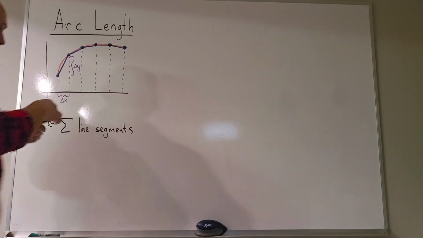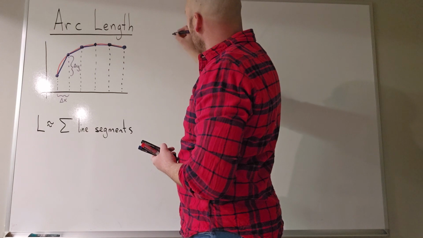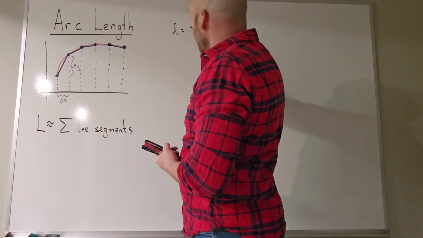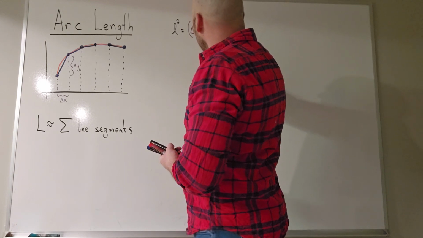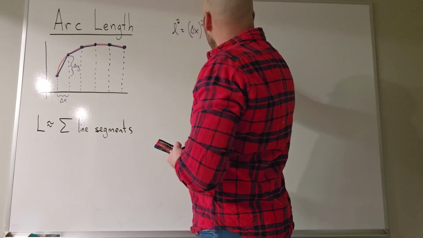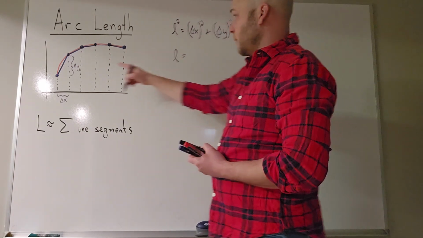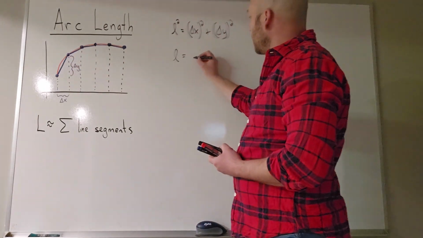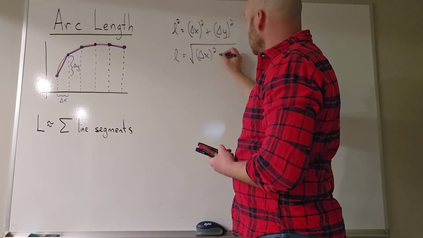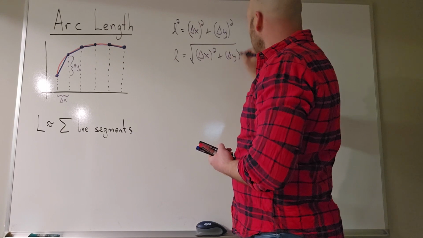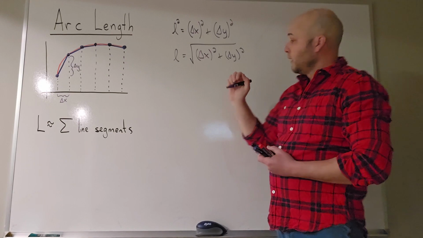Let's say what I'm trying to find is that length, so I'll abbreviate that as L. Of course, L squared would be the change in x squared plus the change in y squared. So therefore the length of that blue line segment would be the square root of the square of the change in x plus the square of the change in y.